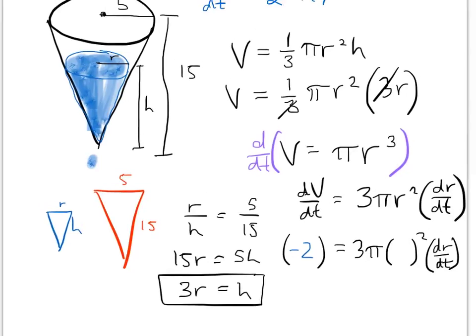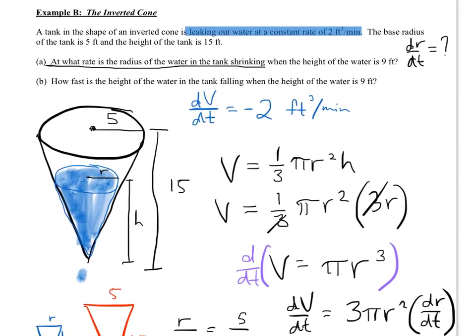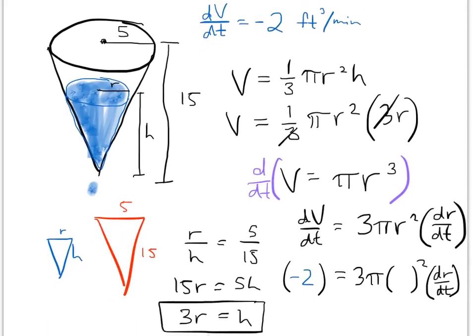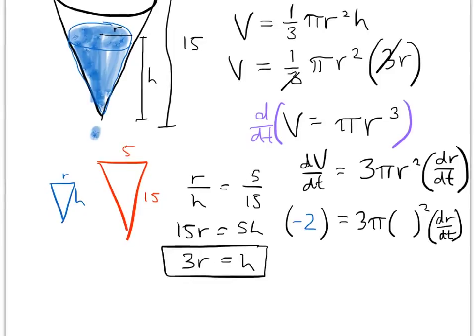So now comes the tricky part. We need to figure out the radius still, but they've only given us this information. They told us that the height of the water is 9 feet. I wish they had told us the radius, but of course they didn't. So if you're given the height is 9, what could we do to figure out the radius? What type of information do we have that could tell us how radius and height are related to each other?